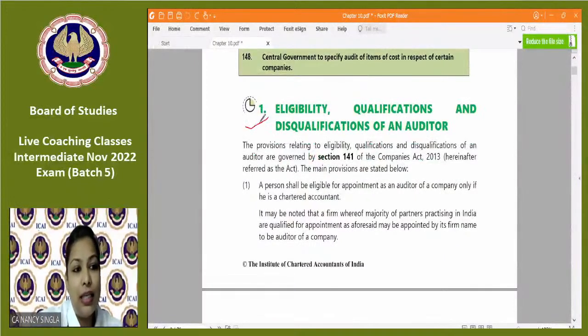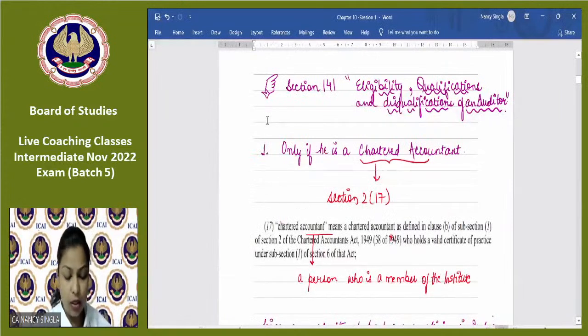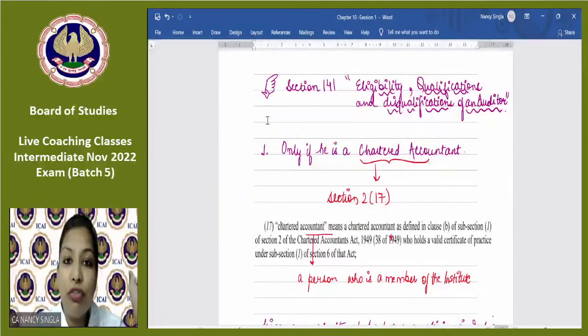So quickly, let me ask you one query. Tell me who, according to you, is eligible to be appointed as an auditor of a company. Since we are discussing the Companies Act here, we will be discussing only companies. When you did the definition of audit, it is the independent examination of financial information of any entity.